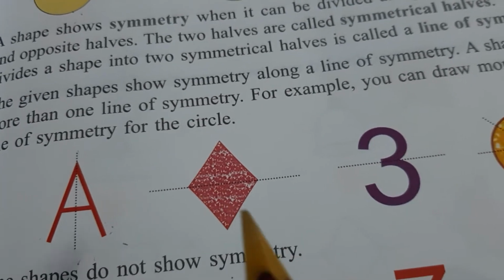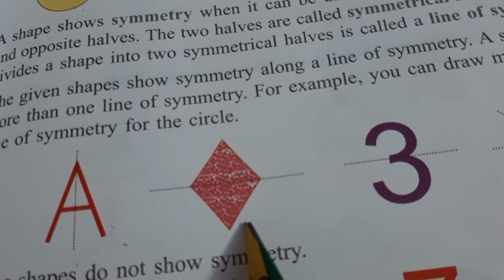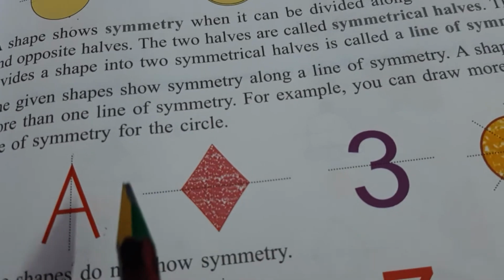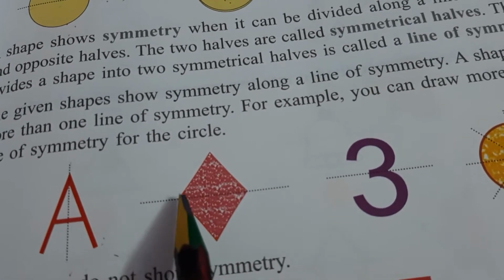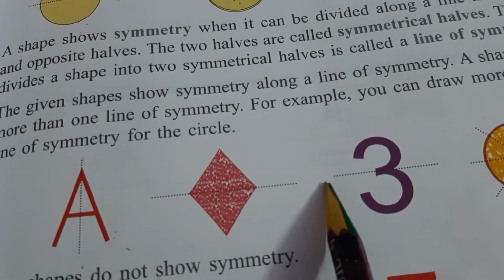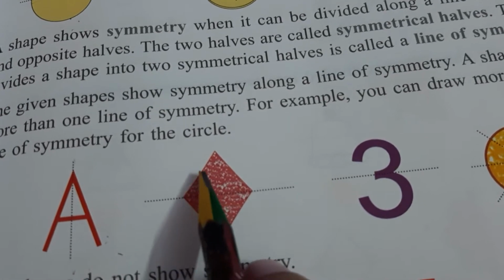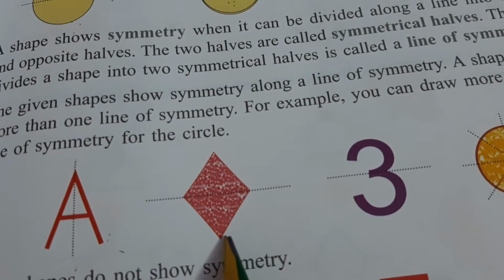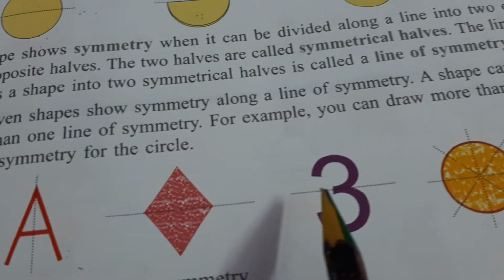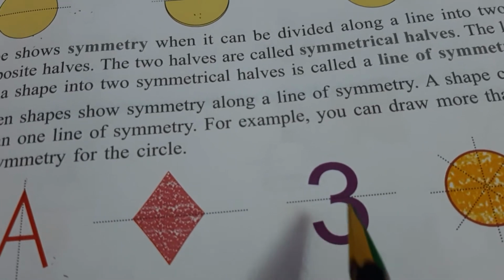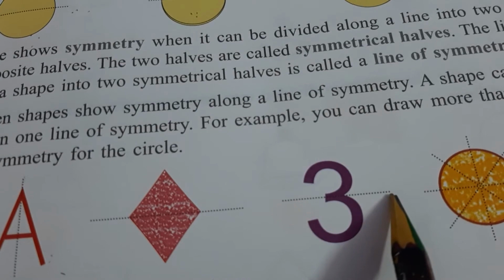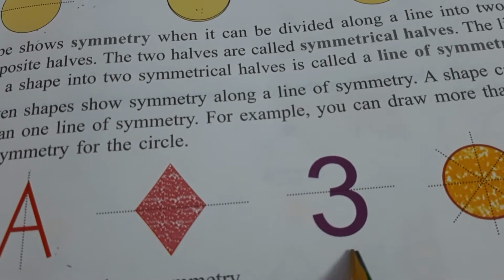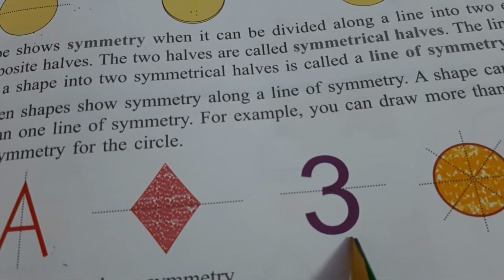Okay, so similarly this rhombus shape, if we cut it from here, we are getting the same pictures. And if we cut it from here, we will get the same pictures on both the sides.